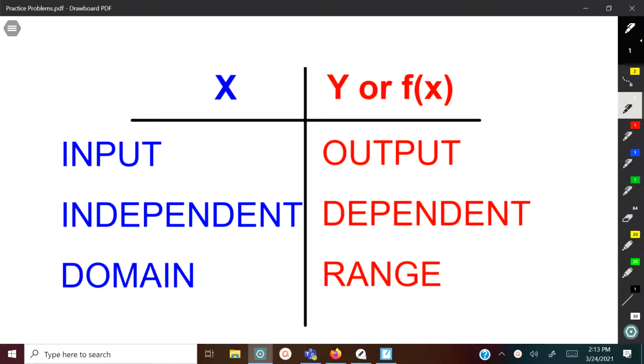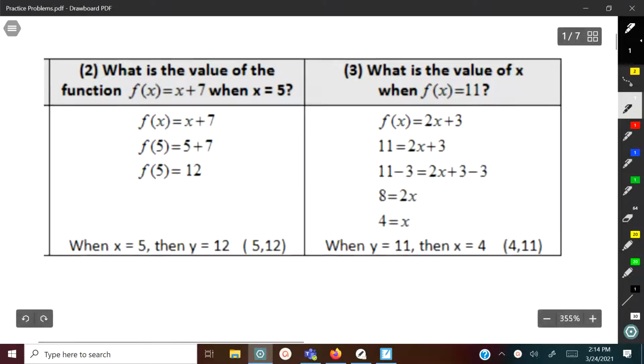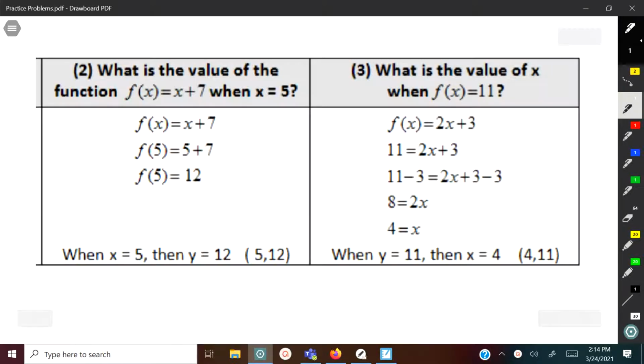Something else I would like to show you is two different functions here. One where we have the x and we plug in 5, and the other one where we have the y and we plug that in to find x. So one where you plug in the x to find y or f of x, and one where you have y and you plug in y to find x. Sounds confusing.